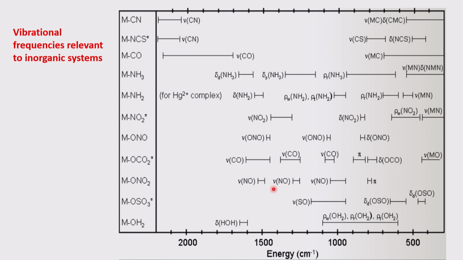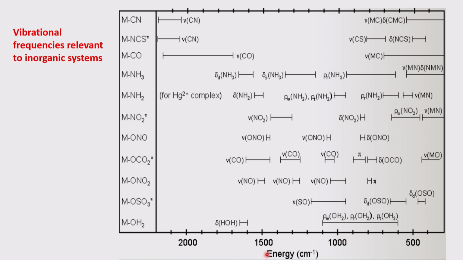As I already mentioned on the previous slide, the metal to nitrogen vibrations and the metal halides come much below 500, 600, and go even up to 150 wave numbers, which is generally referred to below 500 as the far-IR region. So some of the spectra you see in the mid-IR, and in some cases you will also see the far-IR. Of course, the instrumentation also differs to measure that.